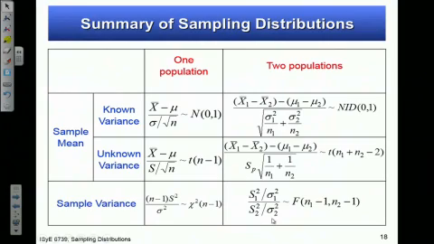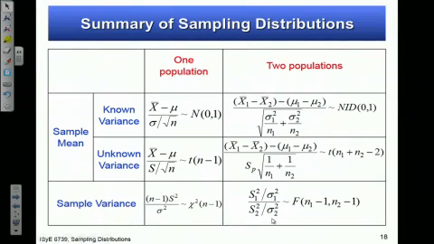Yeah, we know S because S is from the sample. We don't know sigma 1 and sigma 2. In some cases, you want an interval estimate for the ratio of the variances, and then you use the F distribution. So these are the building blocks. We are going to use them later to apply the stuff.